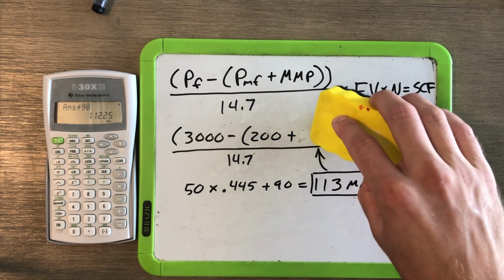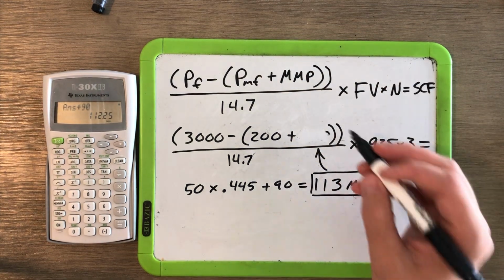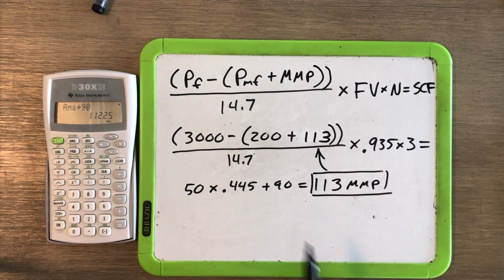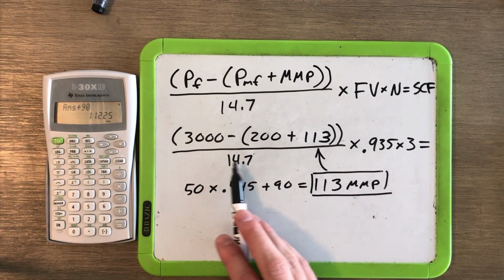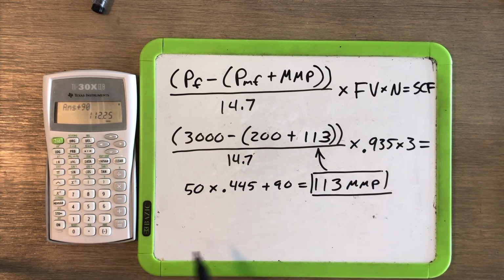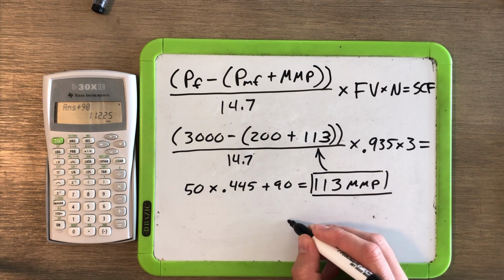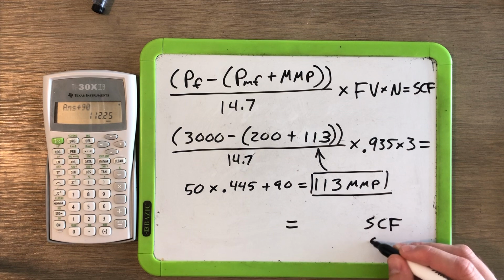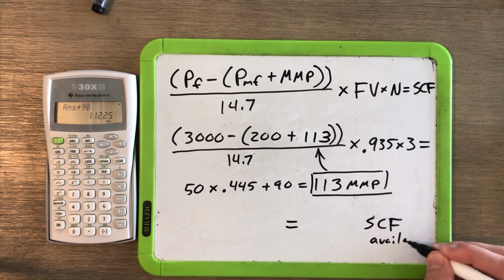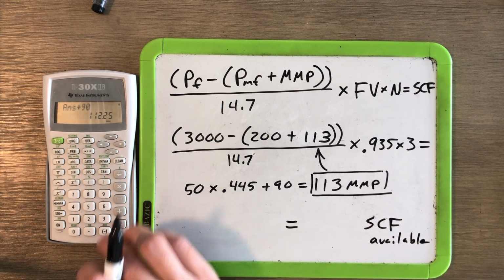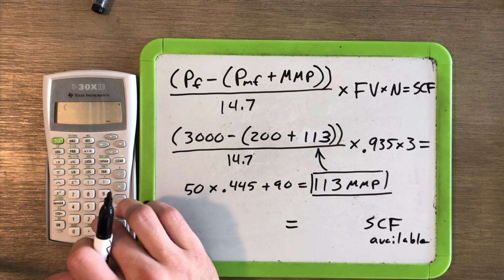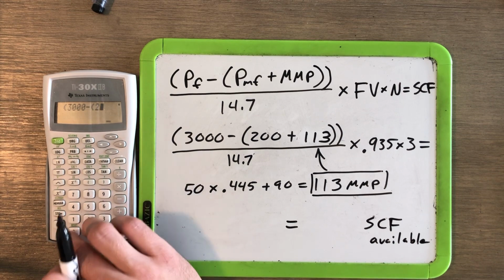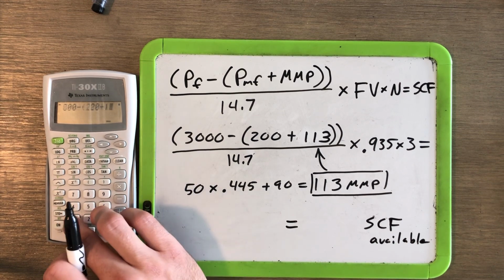So I'm going to erase that, and I'm going to write 113. Now, this is quite a bit of math to do, so I'm just going to punch it into my calculator, and then we'll get our final answer over here. It's going to be in standard cubic feet, and that's going to be what's available to us to use. So 3,000 minus 200 plus 113.